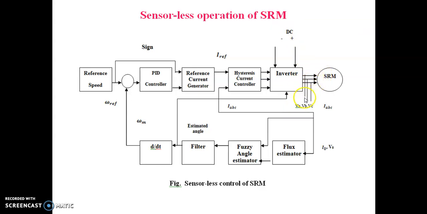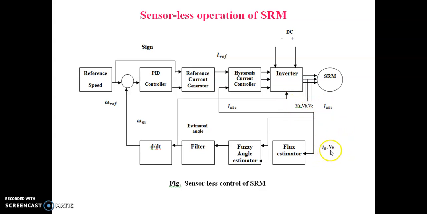From the AC output we calculate the individual phase voltages VA, VB and VC, and similarly the individual phase currents IA, IB and IC can be obtained. These phase currents are given as input to the hysteresis current controller and also to the fuzzy angle estimator. Based on the individual phase currents we calculate the I0 value, and based on the individual phase voltages we calculate the V0 value.